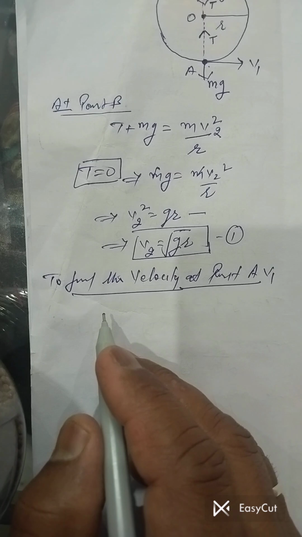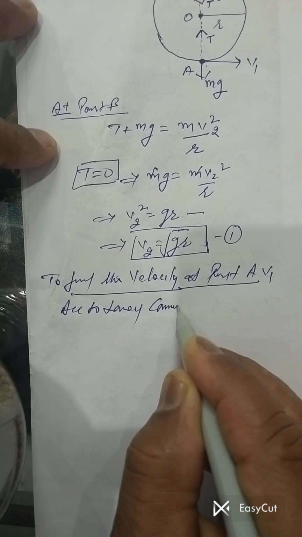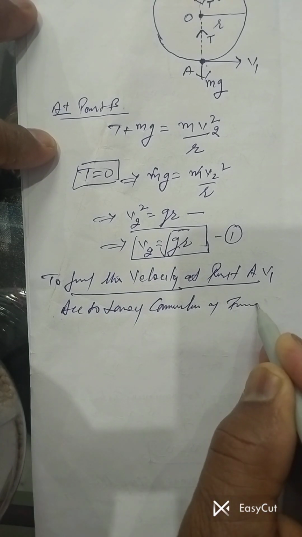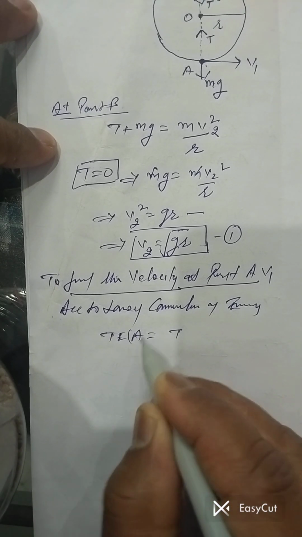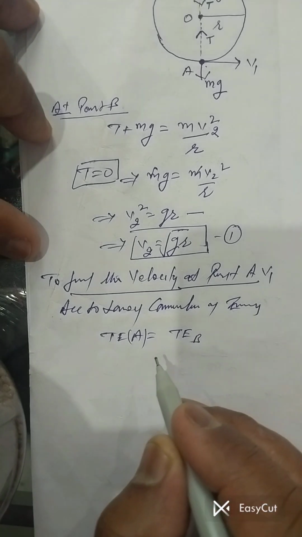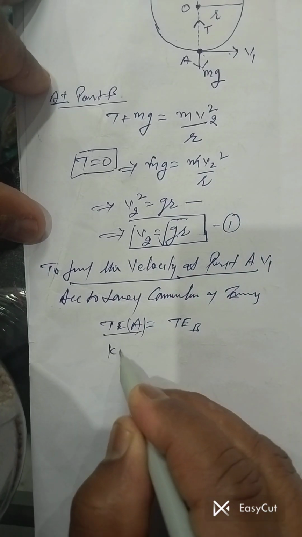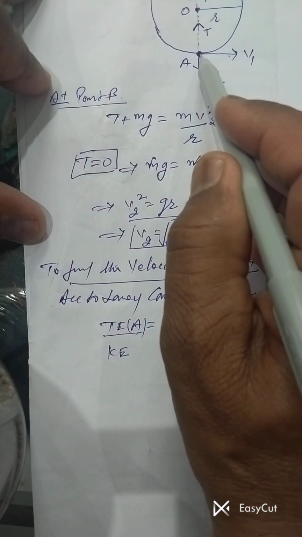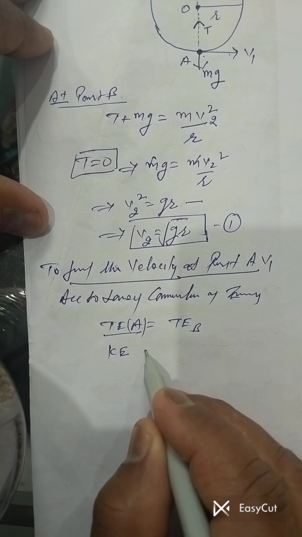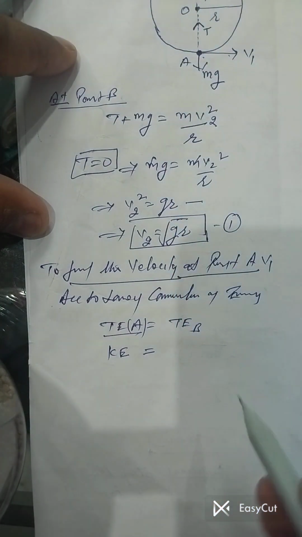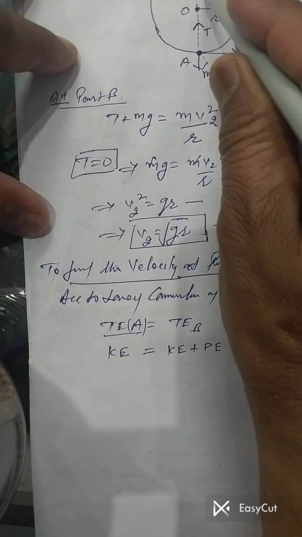According to the law of conservation of energy, the total energy at A should be equal to the total energy at point B. At point A there is only kinetic energy, because there is no potential energy as it is suspended from point O. But at point B there are two types of energy, kinetic energy plus potential energy, because it is at a height of 2r.